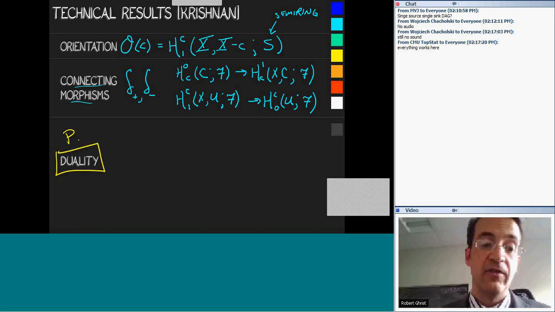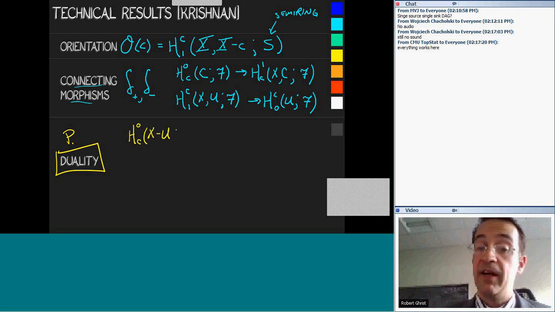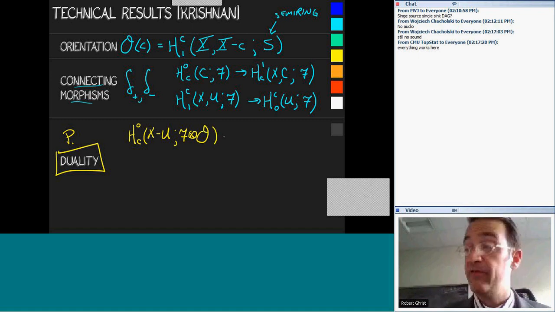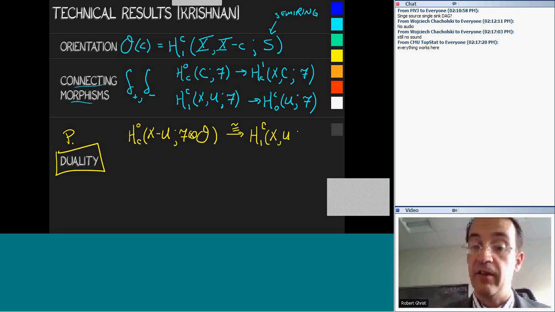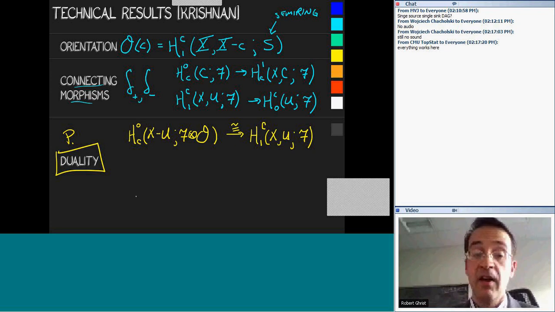The duality result sticks all of these things together into a theorem that tells you that your H upper 0, compactly supported, of a set with your capacity sheaf tensored with the orientation sheaf, like you do in standard Poincaré duality, is isomorphic to an H lower 1 of X relative to that subset U. Again, coefficients in the sheaf.